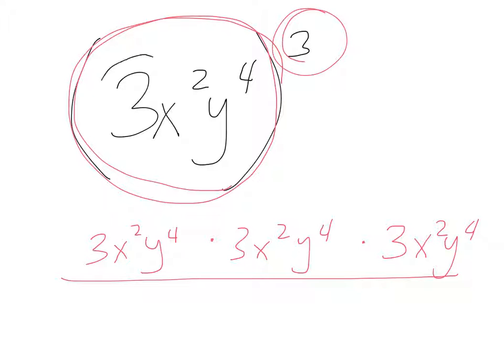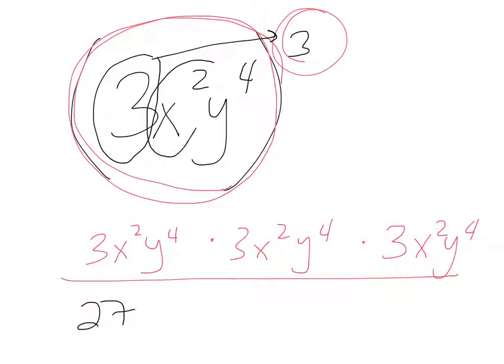So the 3 cubed is 3 times 3 times 3, so that's 27. X squared cubed, power to a power, right? X squared times x squared times x squared.